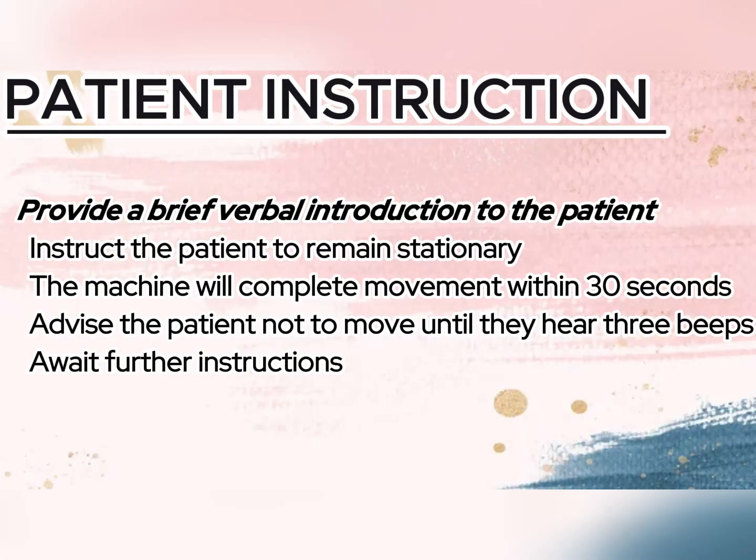Provide a brief verbal introduction to the patient, explaining that during the panoramic X-ray process, they will stand still while the tube head and receptor move around them. It is very sensitive to positioning, so the patient shouldn't move until they hear 3 beeps. That will take around 30 seconds, and they should wait for the clinician to release the head stabilizer, so the patient will not be surprised before the actual exposure.